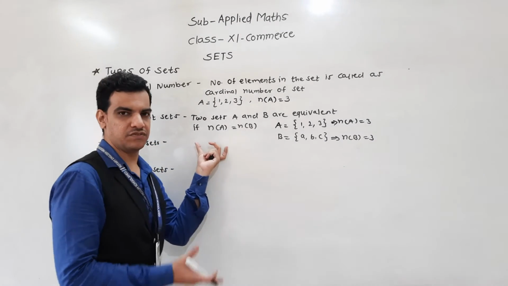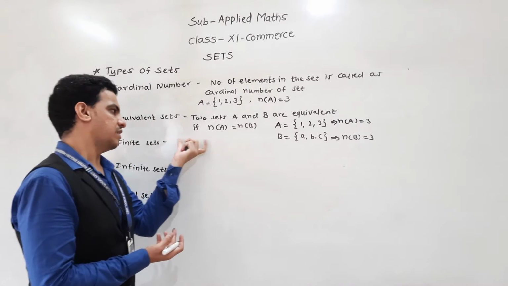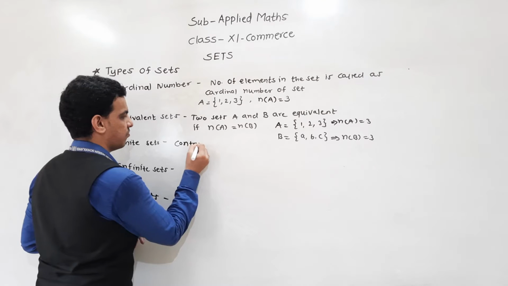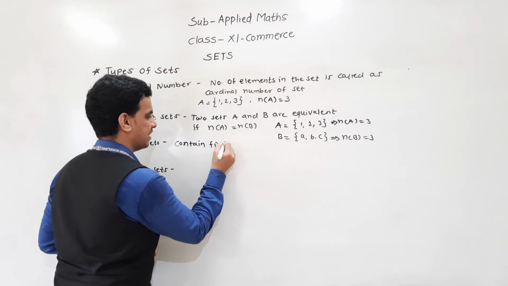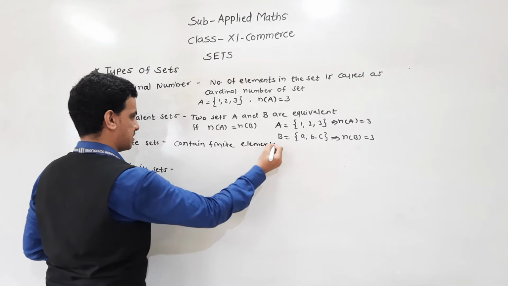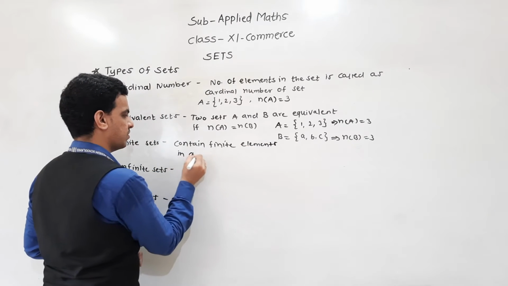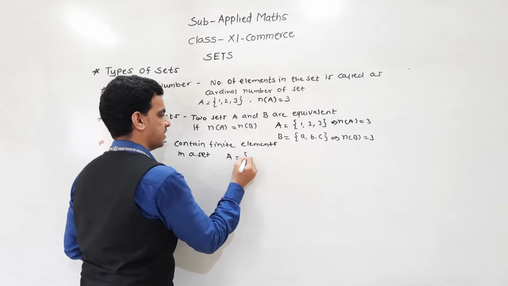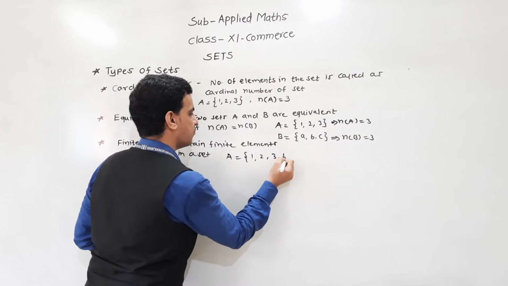Then finite sets. If a set contains finite elements, then it is called a finite set. For example, I am taking A as 1, 2, 3, 4, 5.